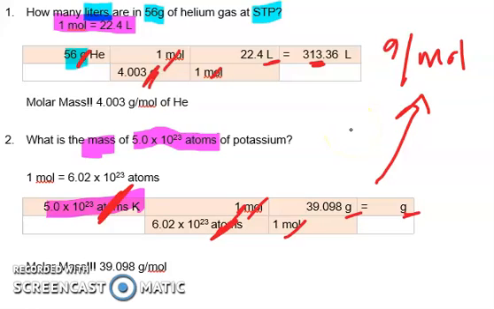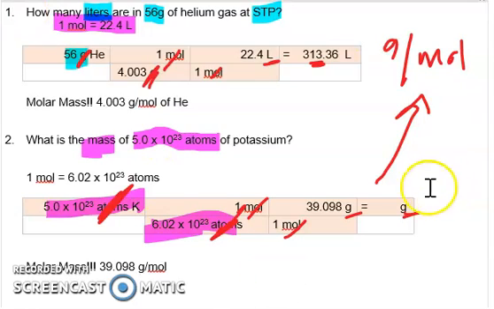So 5 times 10 to the 23rd times 39.098 is equal to a number, and that number has to be divided by the bottom. So divided by 6.02 times 10 to the 23rd, and my final answer in grams is 32.47, rounded to the hundredths place. And that's how you do those two problems.